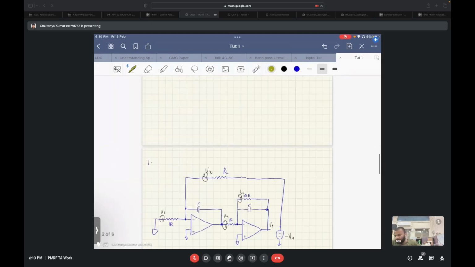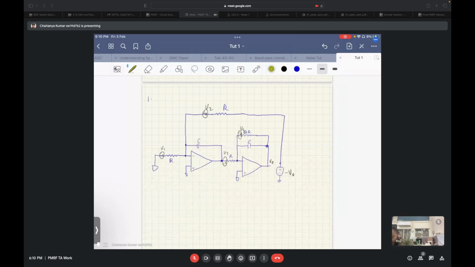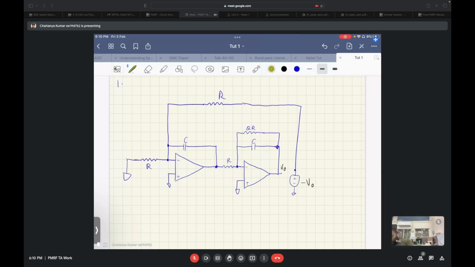So the first circuit, we consider this one. This is a low pass filter that is made through two op amps. You apply input at node 1, and you get output at node O. We will try to analyze the noise transfer function.